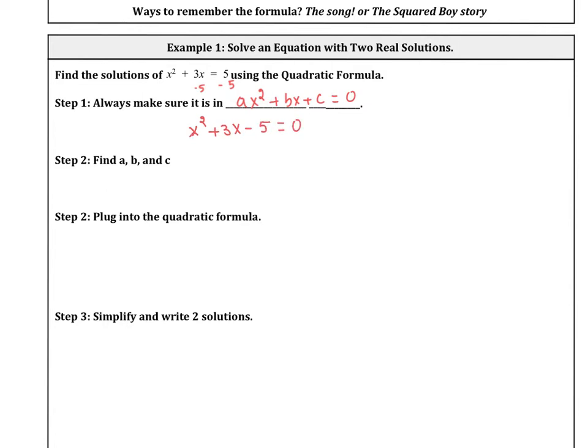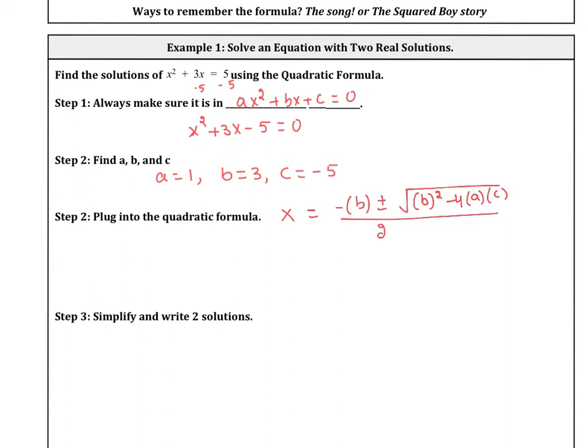Now we are going to compare this equation with the standard equation. So a is 1, b is 3, and c is negative 5. The quadratic formula is x equals negative b plus or minus the square root of b squared minus 4ac, all over 2a.